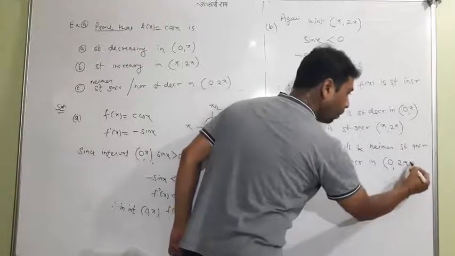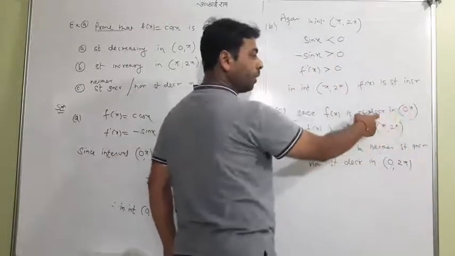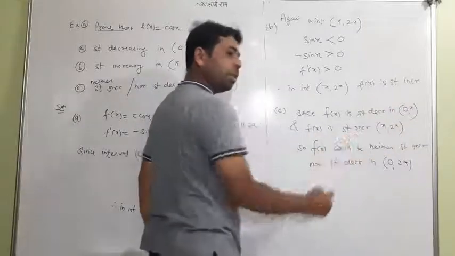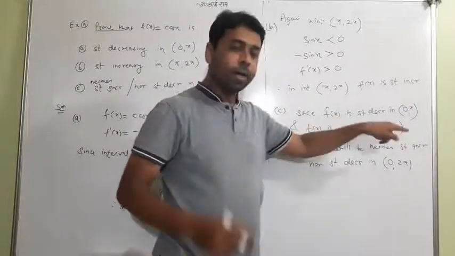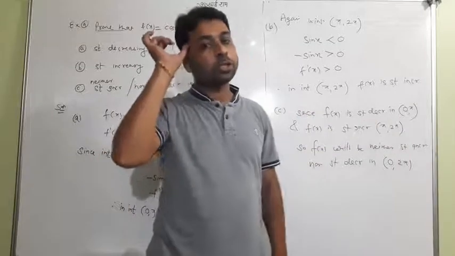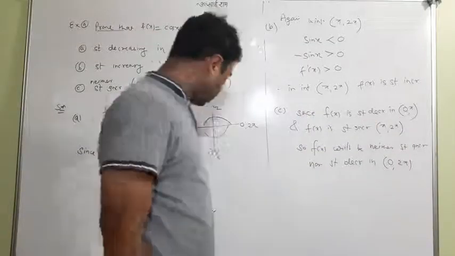This is the way, because in the first subinterval it was strictly decreasing, in the second subinterval it was strictly increasing. So from 0 to 2 pi in the complete interval it is called neither strictly increasing nor strictly decreasing. So this is the way.